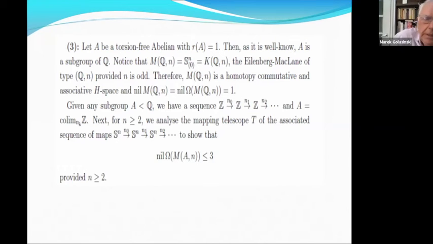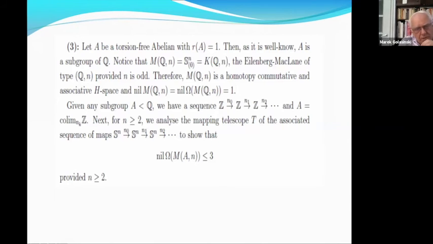So any group is a colimit of finitely generated subgroups, but a finitely generated group is cyclic for Q. So we have a sequence of cyclic groups such that A is the colimit of this sequence. And now, if we have this sequence, then with this sequence we can associate a construction which is called in topology a mapping telescope.